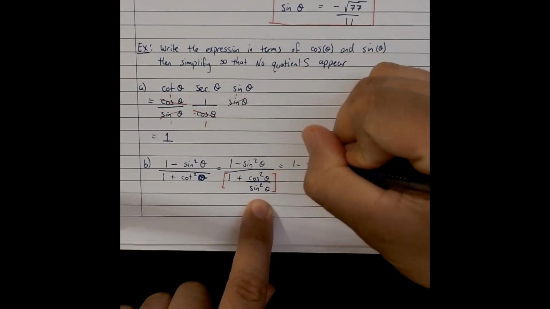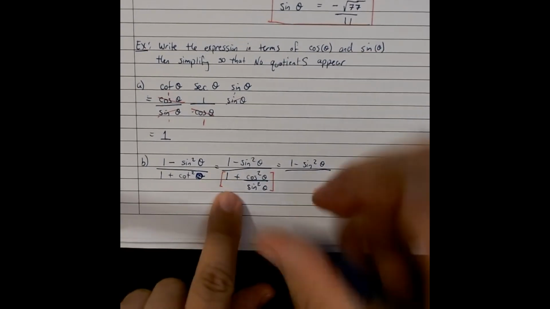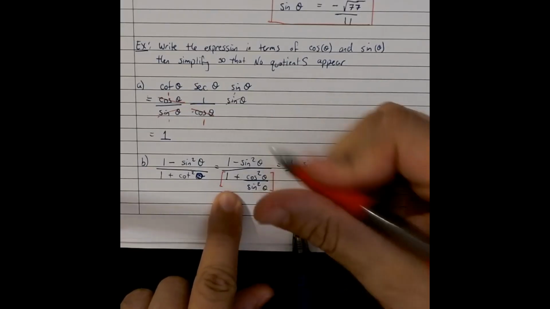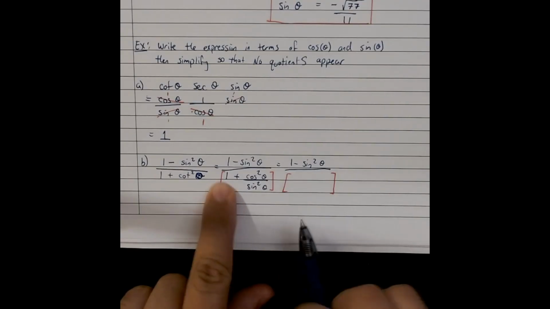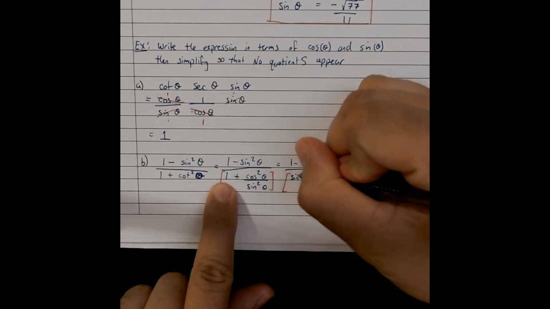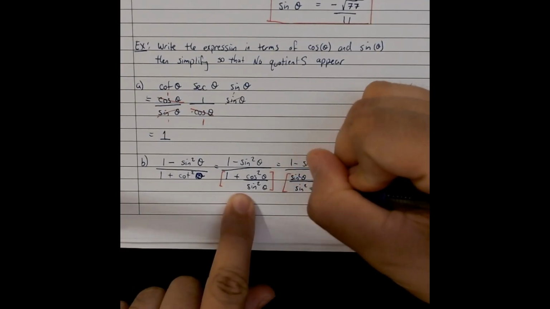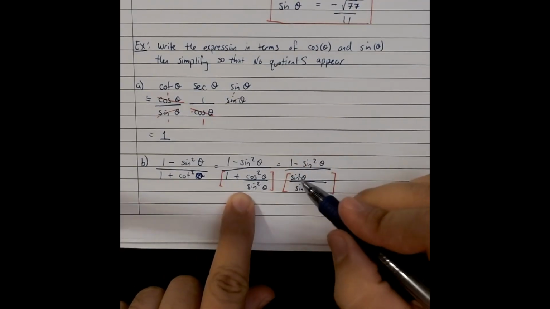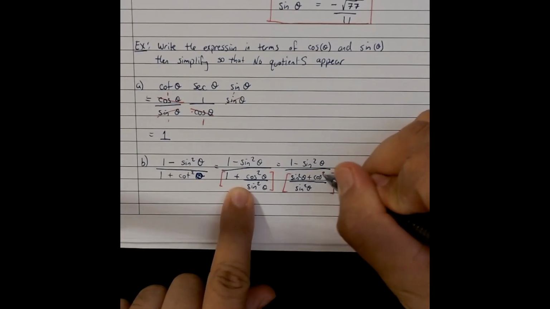So 1 minus sine squared of theta, that's going to stay the same. Down here, and let me put these in brackets just so that we can call attention to it, this is sine squared of theta over sine squared of theta, plus cosine squared of theta.